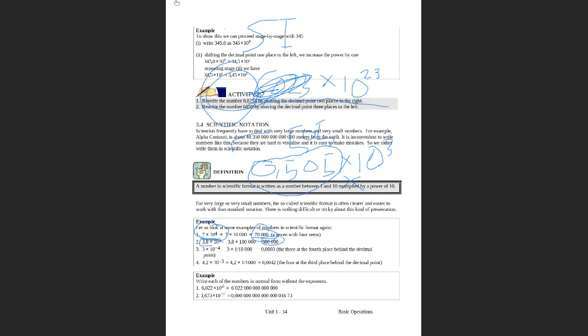If you look at here, the number is in scientific notation. When you come here, you write it in a normal form. And in the same way, when you look at this number, it is in scientific notation, but when you look at it here, it comes to a normal form.